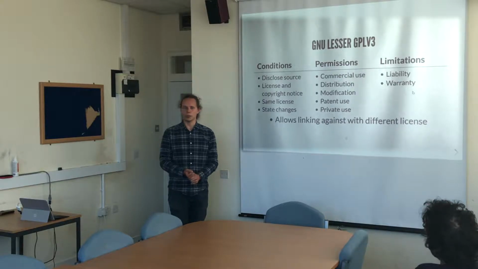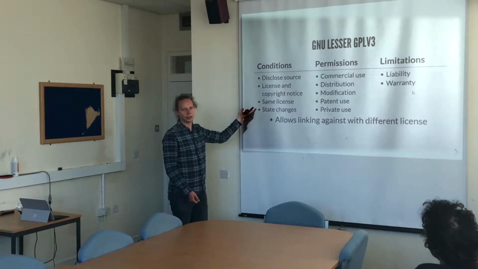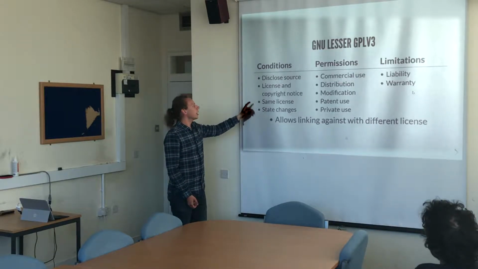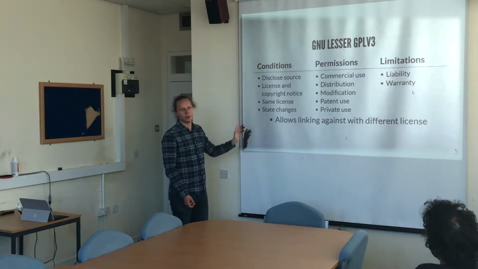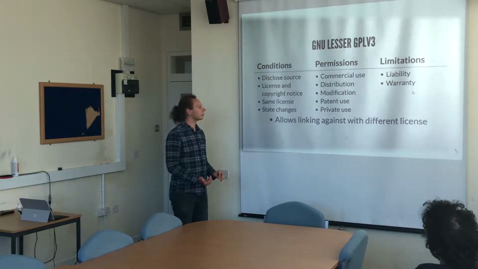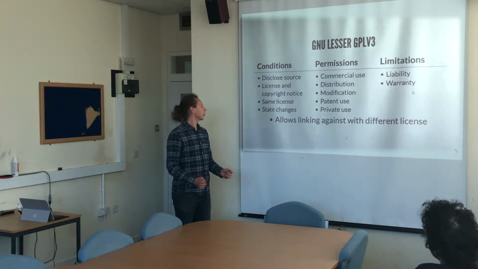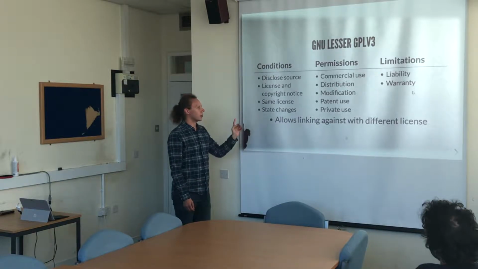It has to be clear where to find it. The other thing, you have to keep the license and copyright notice, same as the other ones. Any changes have to be under the same license. That's a big thing. That takes you to the copyleft world. And you have to state what changes you have made.